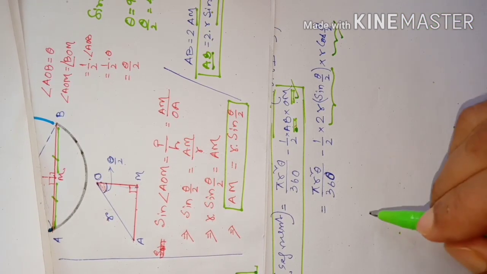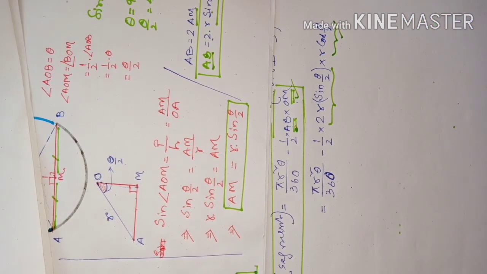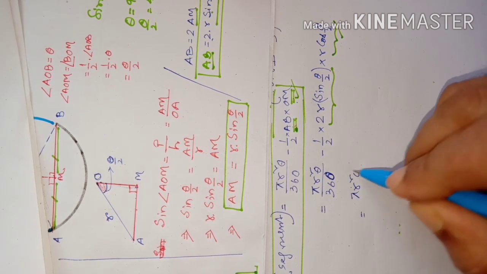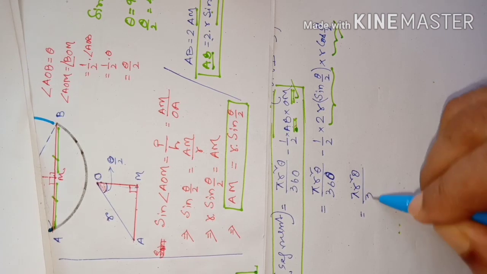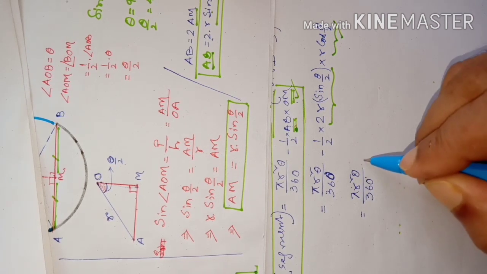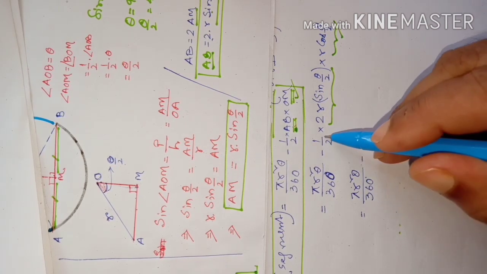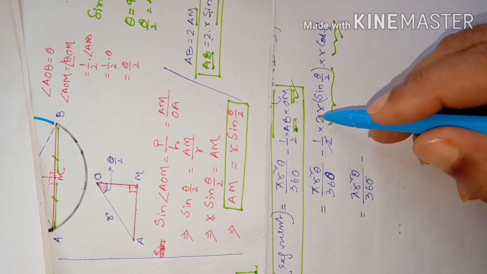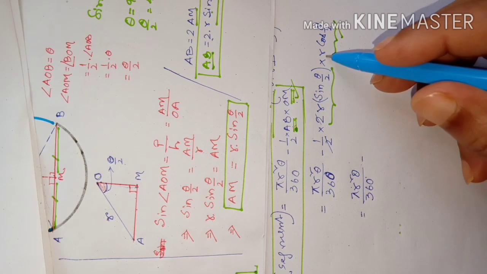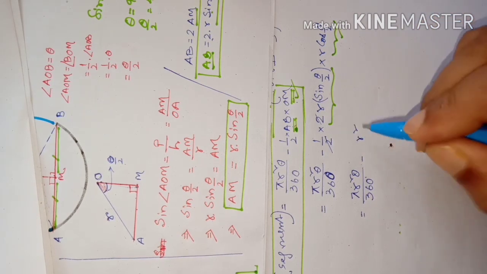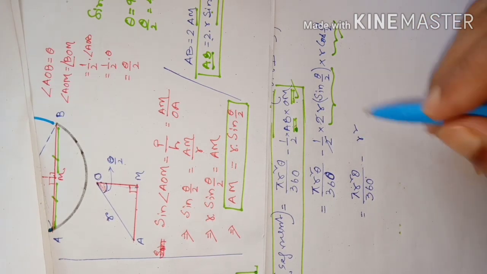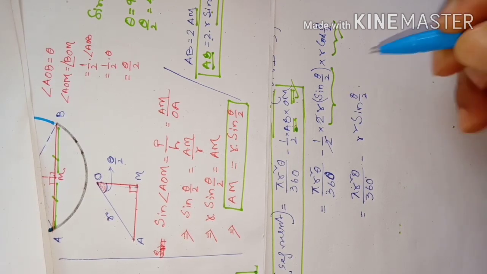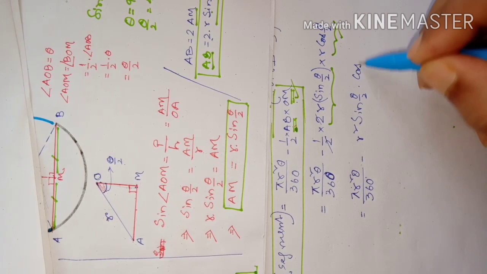So dear students, look at the whole expression now. Here it is pi r square theta by 360 minus, this 2 you can cancel also, no? This 2 and this 2 you can cancel, then it will be like this, r into r square, and here it is sin theta by 2 into cos theta by 2.